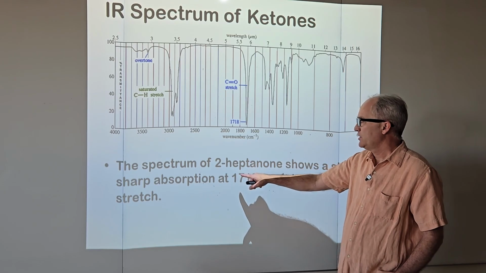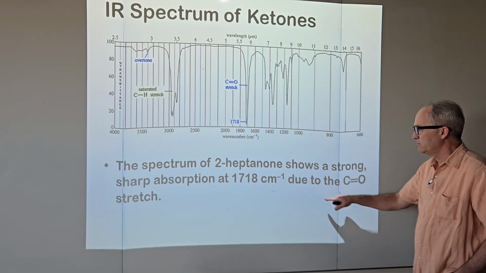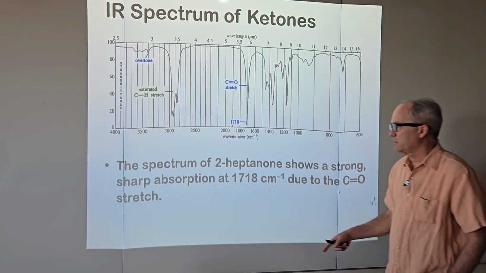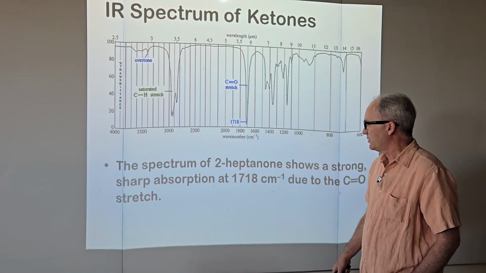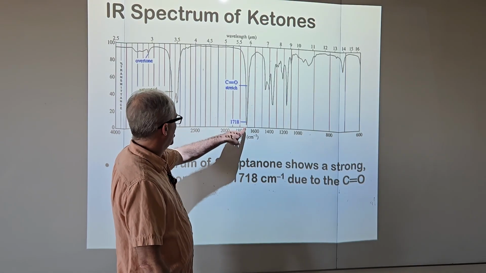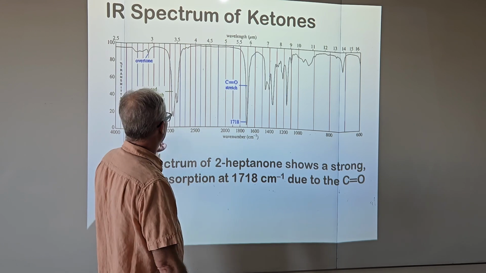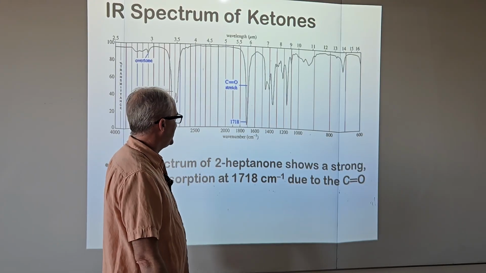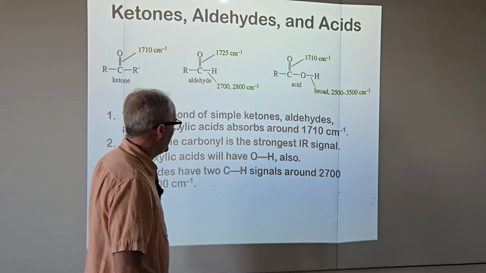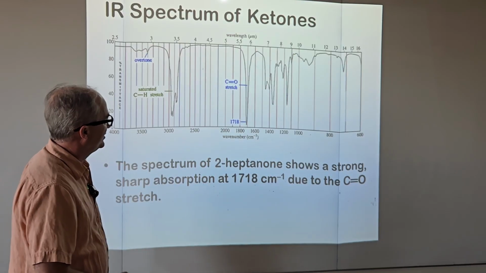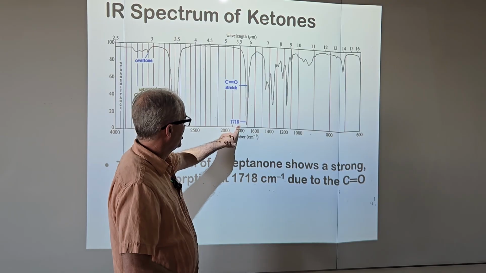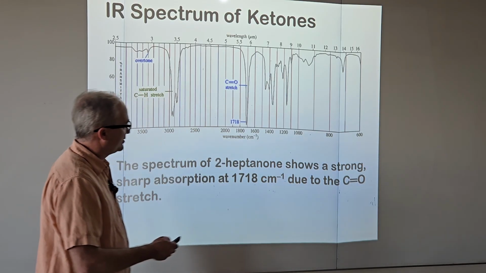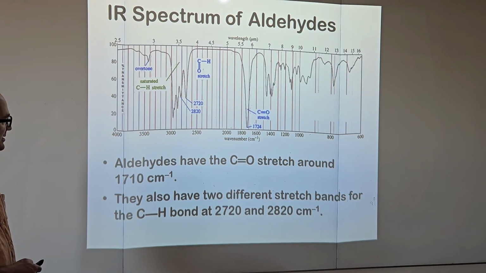So ketone here, 2-heptanone. 7-carbon chain and the carbonyl carbon's on the second carbon in. And here's the strongest peak in the spectrum. Look, it's like the most absorbing. 1718. Pretty close to 1710, close enough. We'll see how sometimes it can shift back and forth and what might cause that.